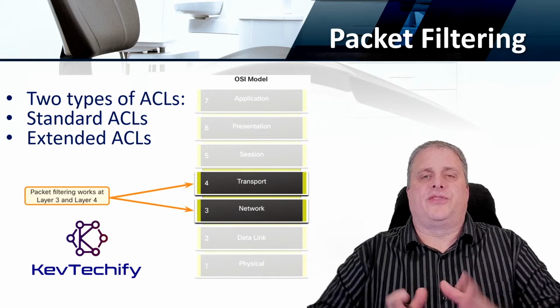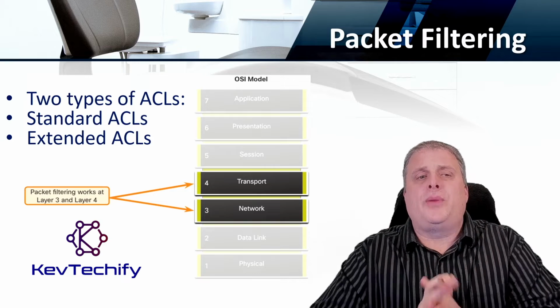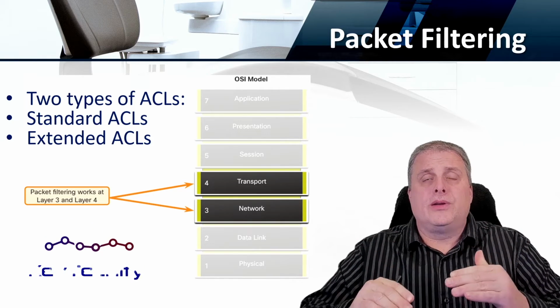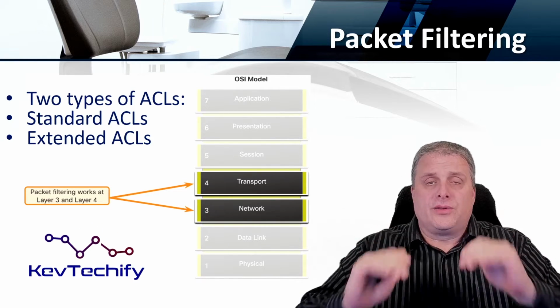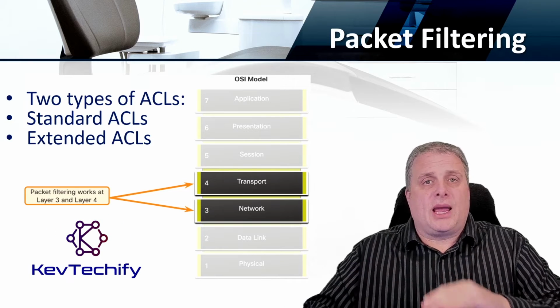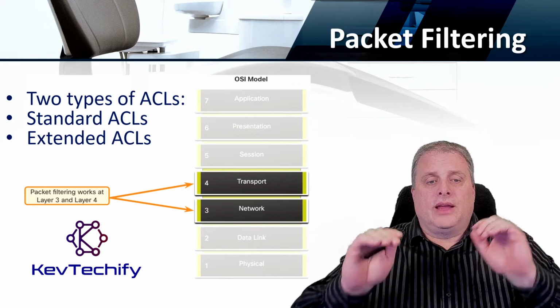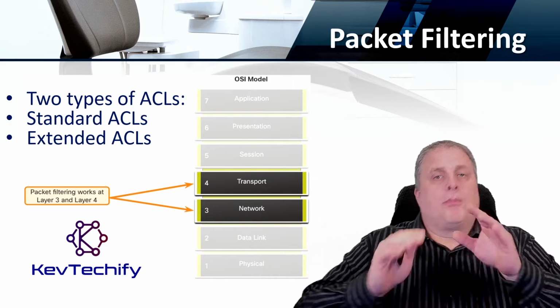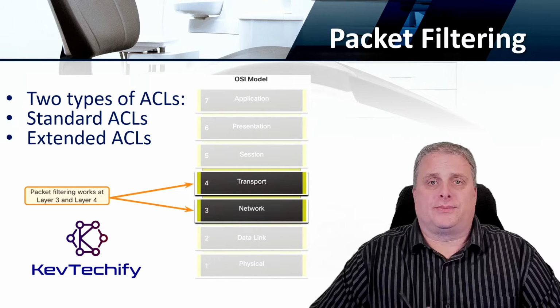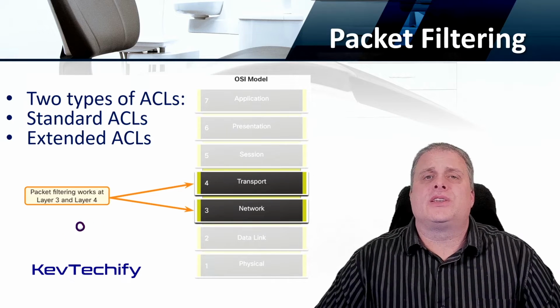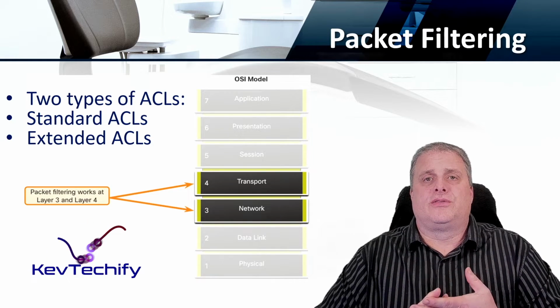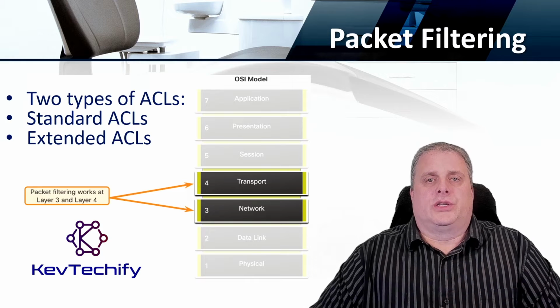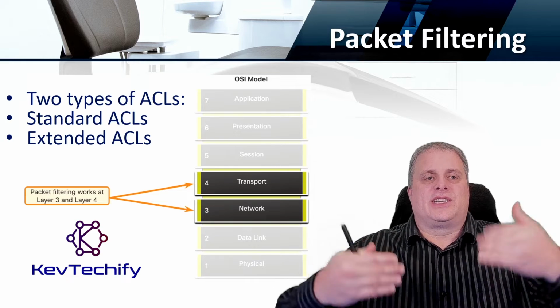When we look at packet filtering, we can do packet filtering at layer 3 of the OSI model and layer 4. Layer 3 is the network layer that deals with the IP addresses. Layer 4, the transport layer, deals with those logical port numbers, like port 80 is for web traffic. As we go through and set up our list, there are 2 types of access control lists. There's a standard one and then there's an extended one.